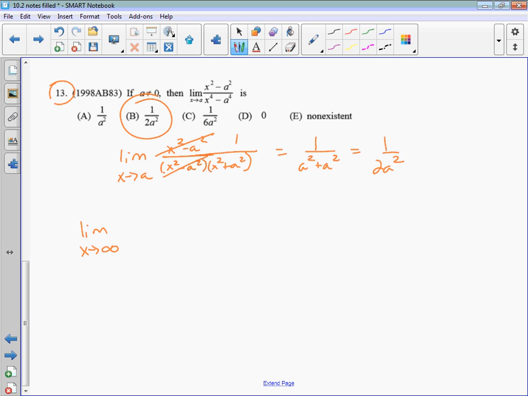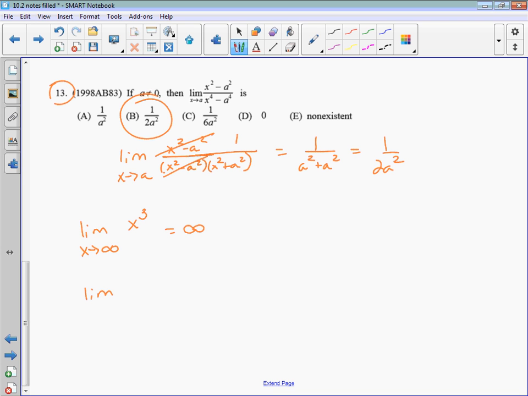So let's think about this one. Let's say limit as x approaches infinity of x cubed. What do you think? Infinity. Okay, that's not does not exist, that's just infinity. Do you see the difference between the two?